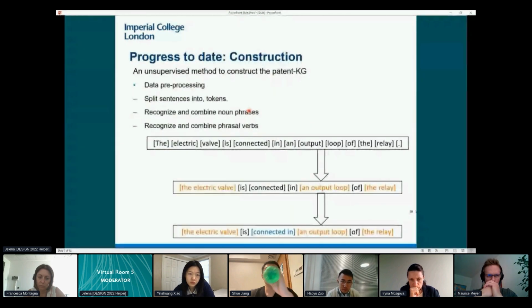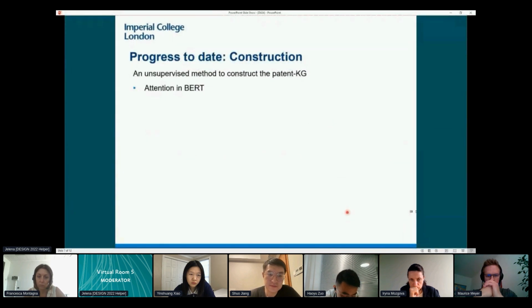The first step is to process and prepare each sentence of the abstract into a list of tokens, and then noun phrases and phrasal verbs are recognized and combined. In order to find the relationship between the knowledge triples instead of listing syntactic rules, we are going to use the attention mechanism in the model to extract the relationship between words.